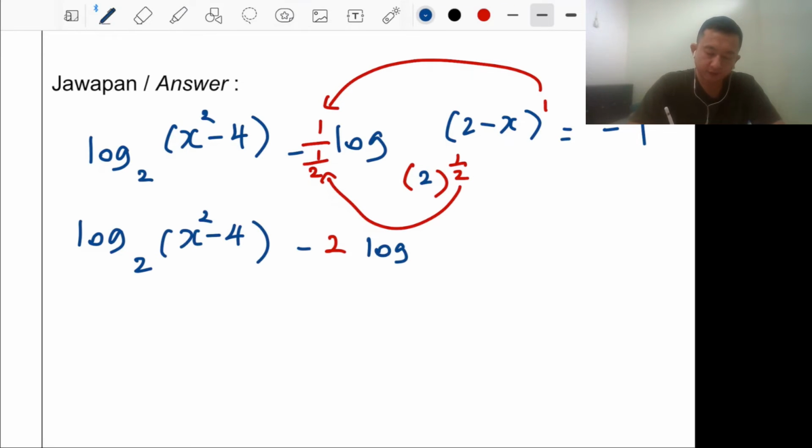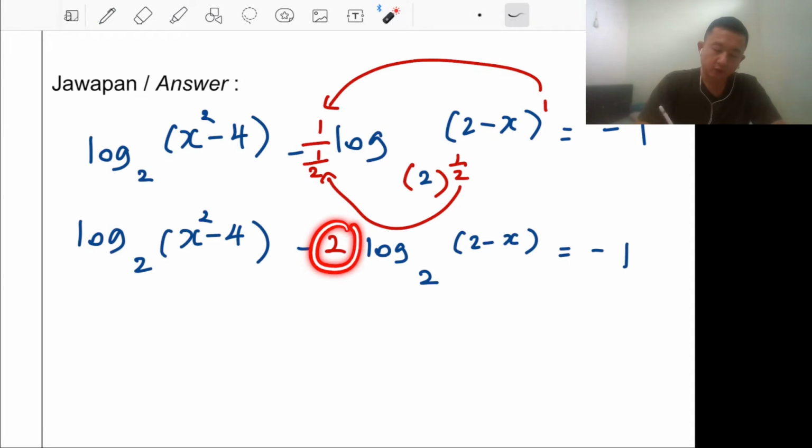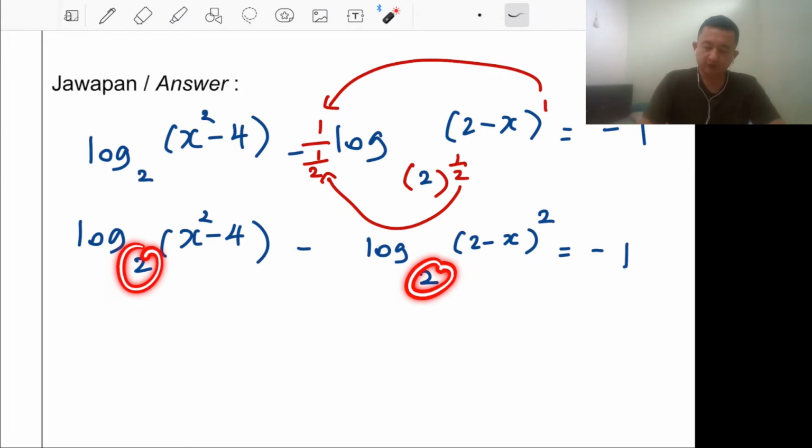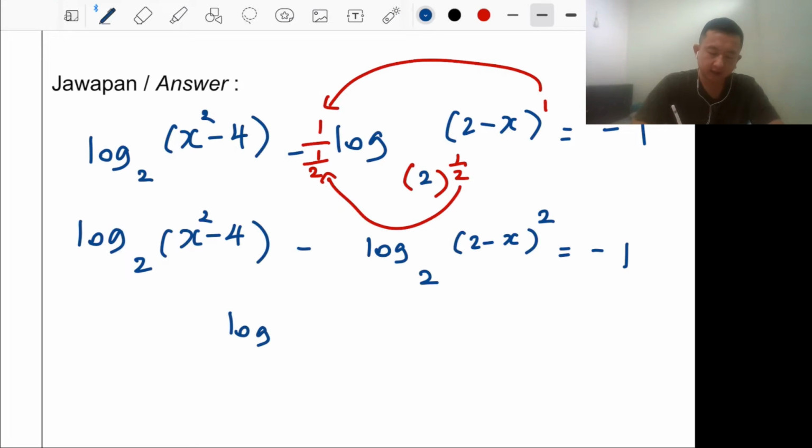2 log base 2 of 2 minus x equals to -1. And then now we bring it back as the power for the value. Okay, now 2 log with the same base, we're going to combine it into a single log.